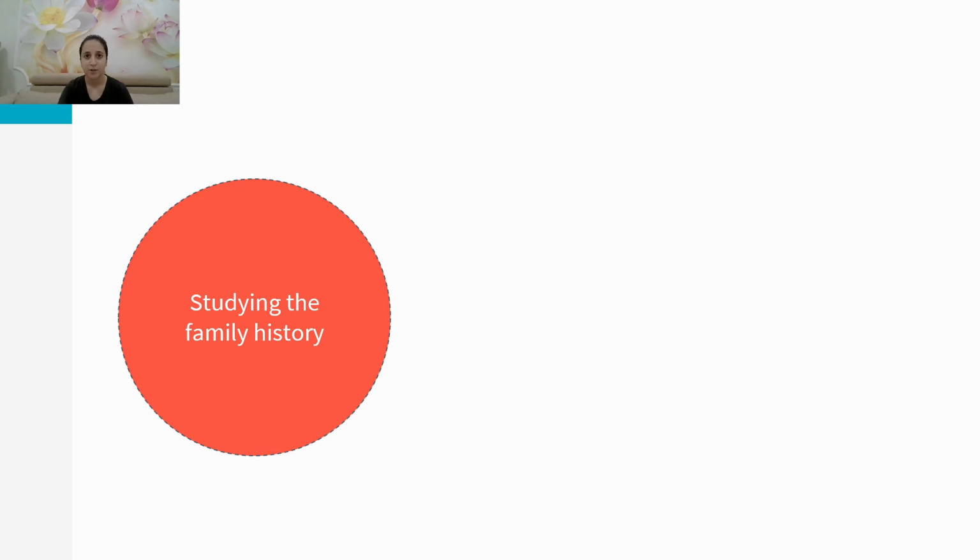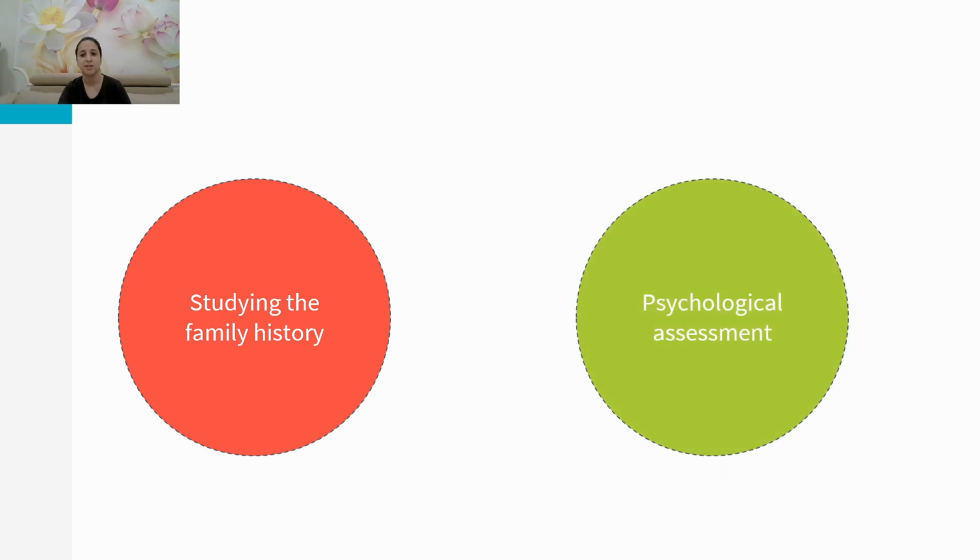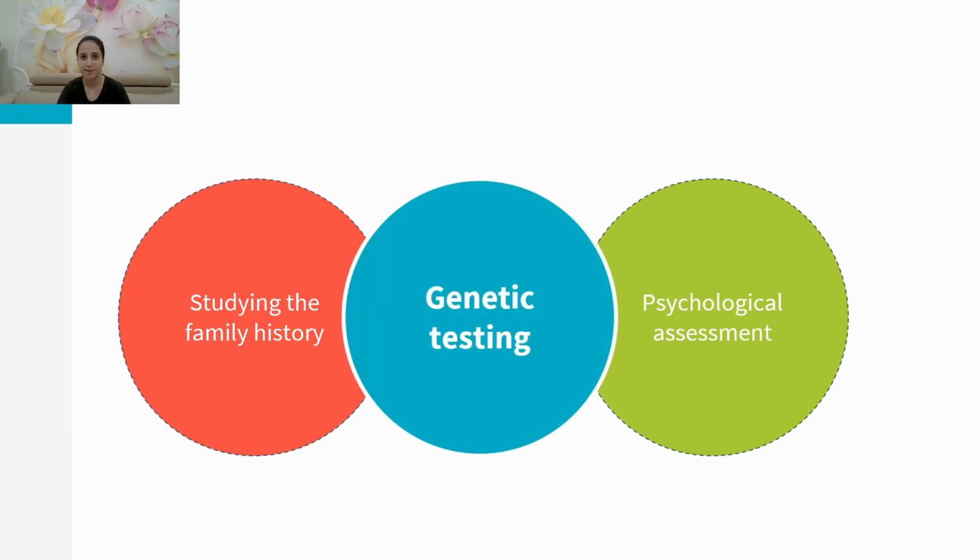The second diagnostic method is via psychological assessment. As we saw earlier, most of the symptoms of HD are psychological in nature, so these assessments help a lot in diagnosing HD. And the third method, and the most reliable one, is genetic testing.